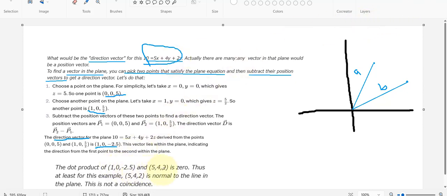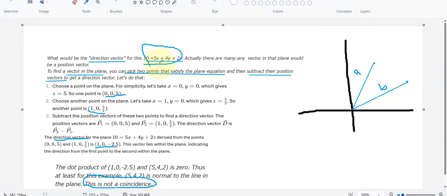And if you try the dot product of this and this, it does turn out to be 0. The point here is that this is not a coincidence. It's not the only time it's going to work: when you collect these coefficients, they're going to give us the normal vector to this plane. We can prove that it's true, but I just want to show you this as, I think, it sort of makes you believe it without actually proving it.